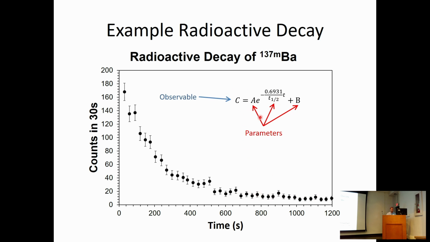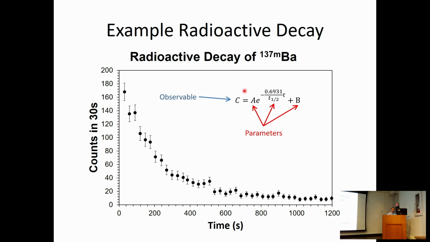So if I use this model and I know what the half-life is, I can go out here to like 1500 seconds and predict how many counts I should see. Similarly, if I go to one of these spots where I haven't measured, since I'm getting incremental time points, if I go to this point in between this point and this point, I should be able to predict how many counts I would see if I were measuring at that time.